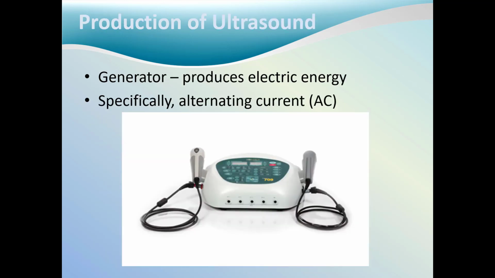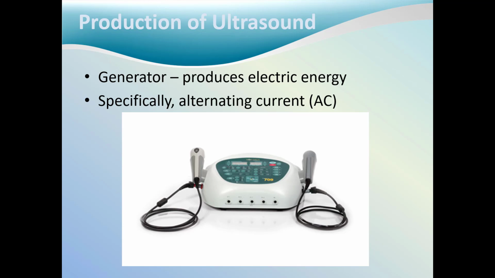An ultrasound device is made up of 4 main parts: a generator, a crystal, a sound head, and an applicator. The largest part of an ultrasound device is the generator. It is the unit that produces the electrical energy. The electrical generator produces an alternating current via a high-frequency electrical generator linked through an oscillator circuit and a transformer.